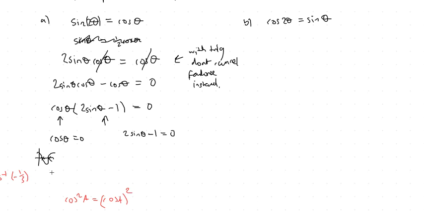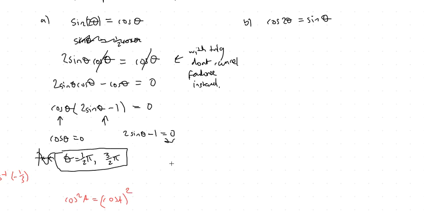Inverse cos of 0, half pi. So theta equals half pi. Second solution, you remember what it is. Take it off 2 pi. You get 3 over 2 pi. So 2 solutions there. Don't forget we've still got 2 more to do.